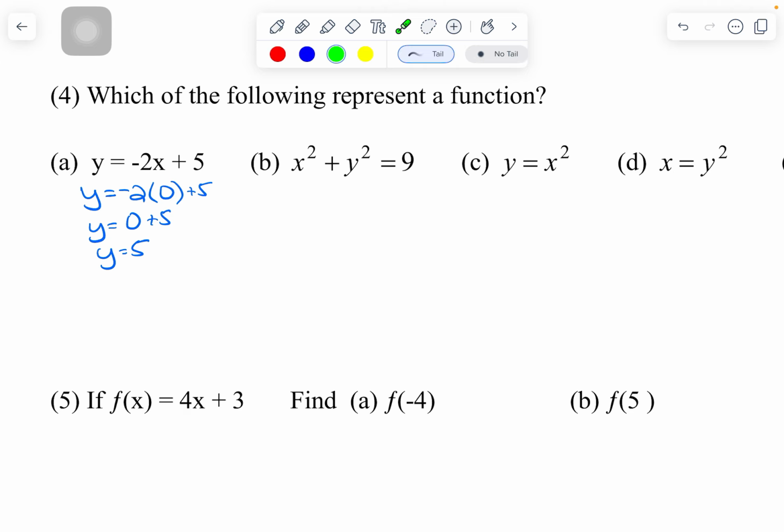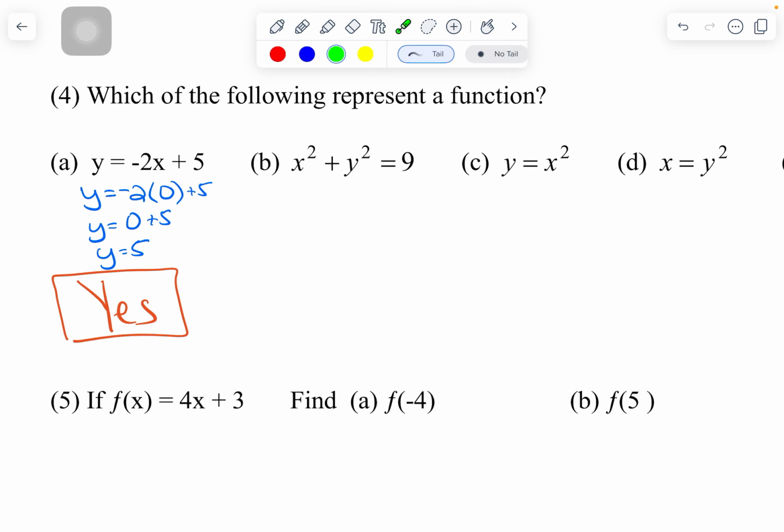Okay, so I put a value of 0 in, I got a value out, a 1-to-1 relationship. So likely this is a function. And the other thing I would look at is this equation is y equals mx plus b, which means this is a linear equation. And yes, absolutely, this is going to represent a function. So this is a yes.